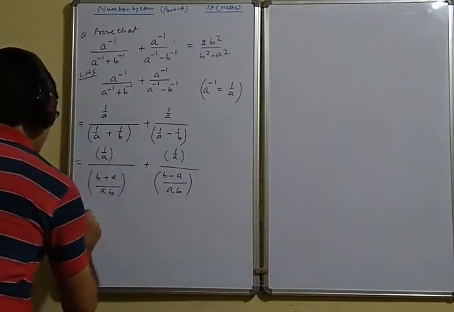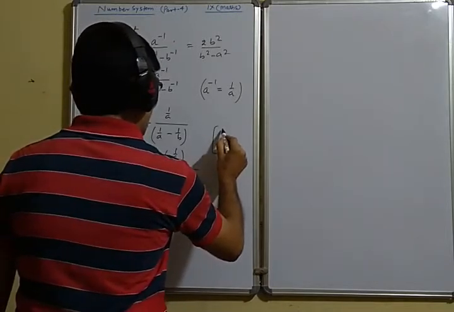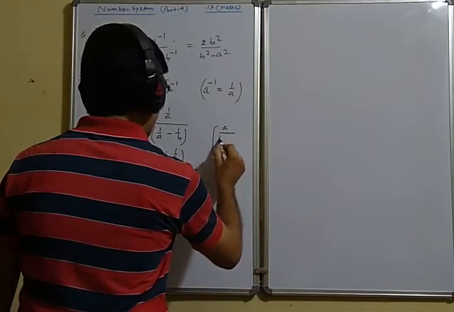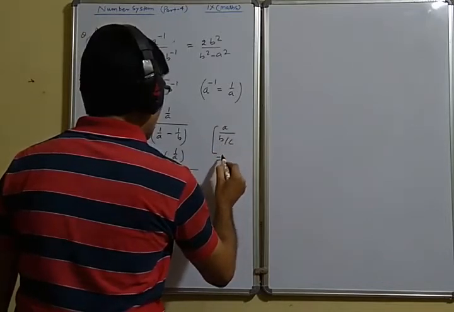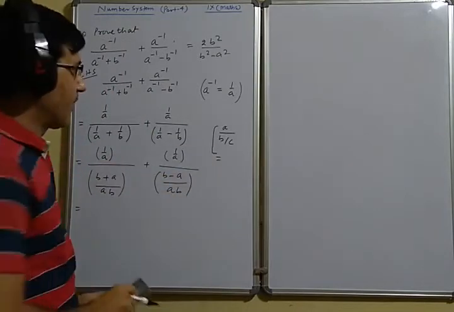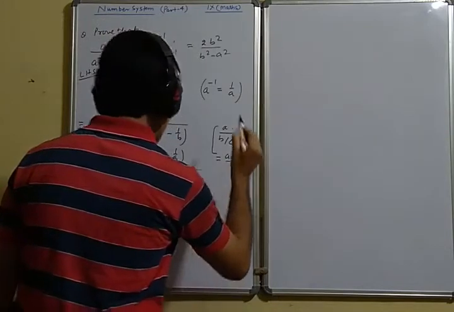Now the next step is, if it is of the form a upon b by c, so what we can write? The denominator of denominator goes in numerator whenever we simplify it. So it becomes a multiplied by c by b.